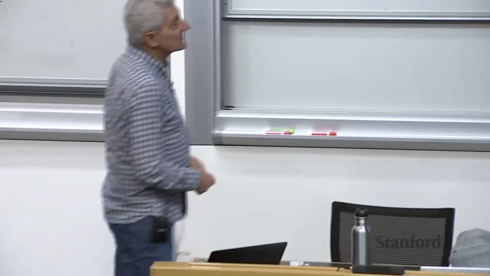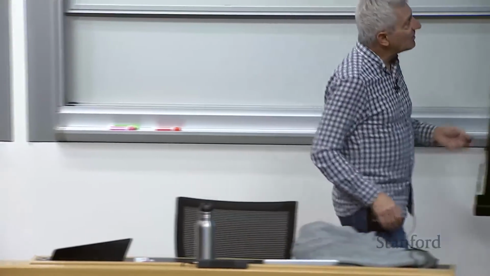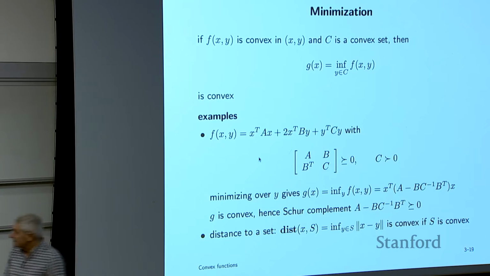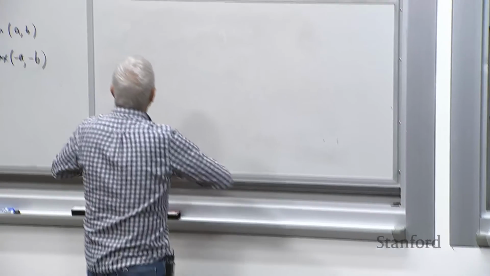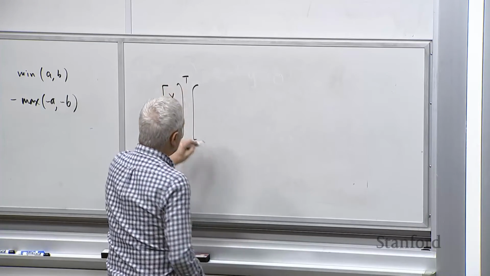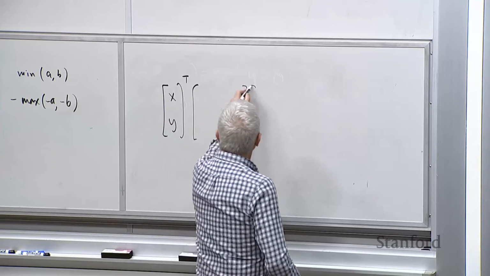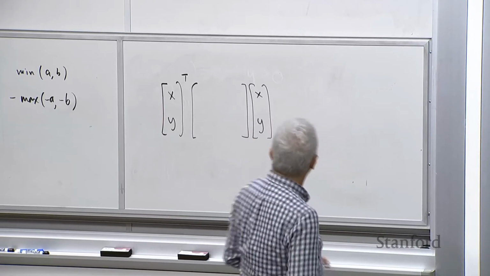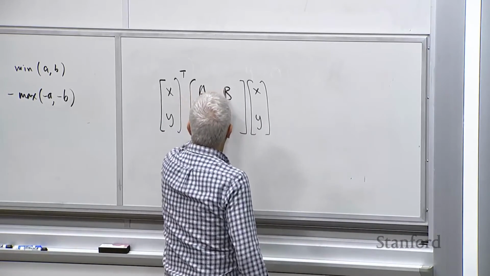Okay, so here's some examples. Here's a famous one. Two vectors x and y, and I write down this quadratic form. In fact, it's a quadratic form in x stacked on top of y, right? So that function is nothing more than [x; y] transpose, and then I'll have to fill in the matrices: A, B, B transpose, C, okay?